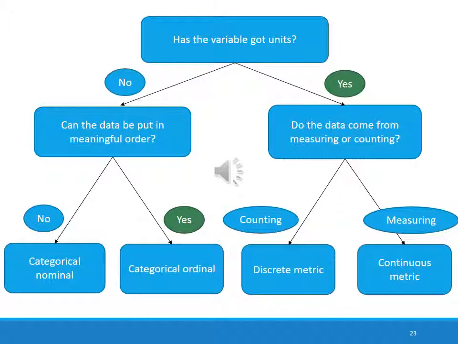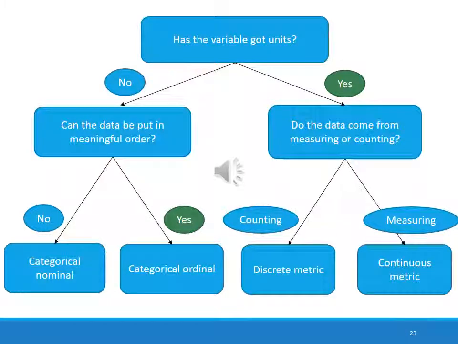So let's go back to the top of the flowchart. If the variable has a unit, it is put in quantitative type of data. Next step is to find out if the variable can be measured or counted. If it is measurable, it is considered as continuous metric data, and if it can be counted, considered as discrete metric data.